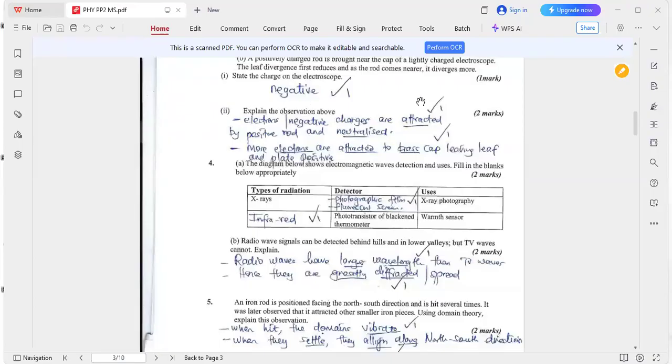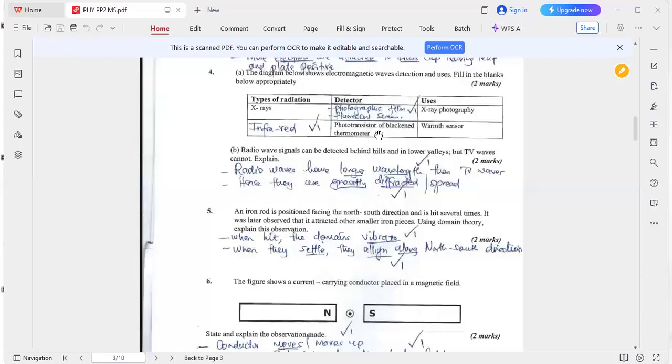So they are detected by photographic films and fluorescent screens. Use is given. The second type of radiation is not given. We are told it is detected by phototransistor, blackened thermometer and warmth sensor. So the warmth, anything to do with heat, is infrared radiation.